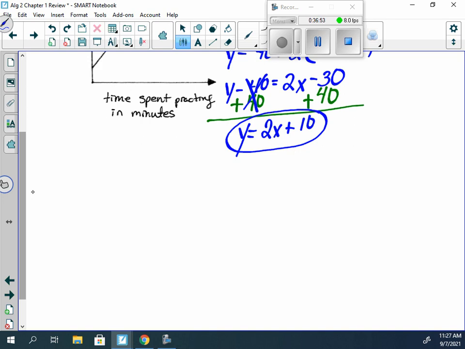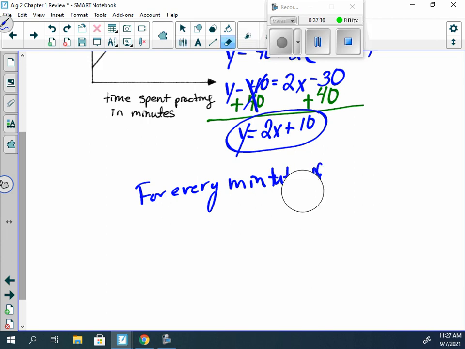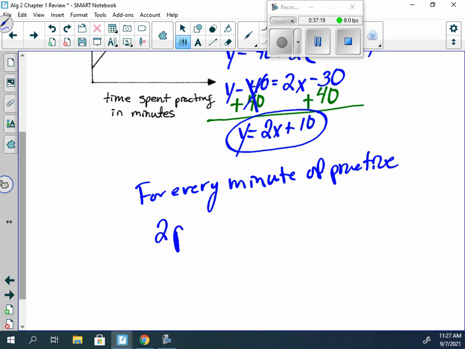Now the next thing it does ask us is to describe the slope or interpret the slope. Well, the slope is telling us for every minute of practice, what happens? 2 pitches are thrown.